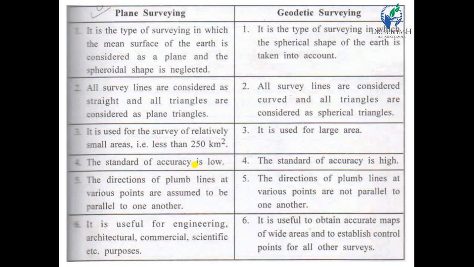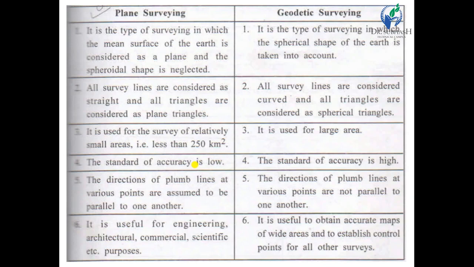Now, the comparison between plane surveying and geodetic surveying. Plane surveying is a type of surveying in which the reference surface of the Earth is considered a plane and the spherical shape is neglected. In geodetic surveying, the spherical shape of the Earth is taken into account.